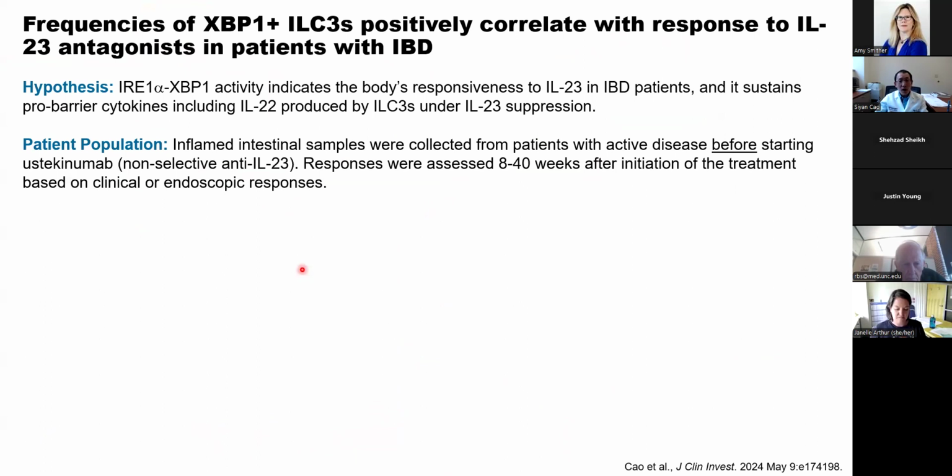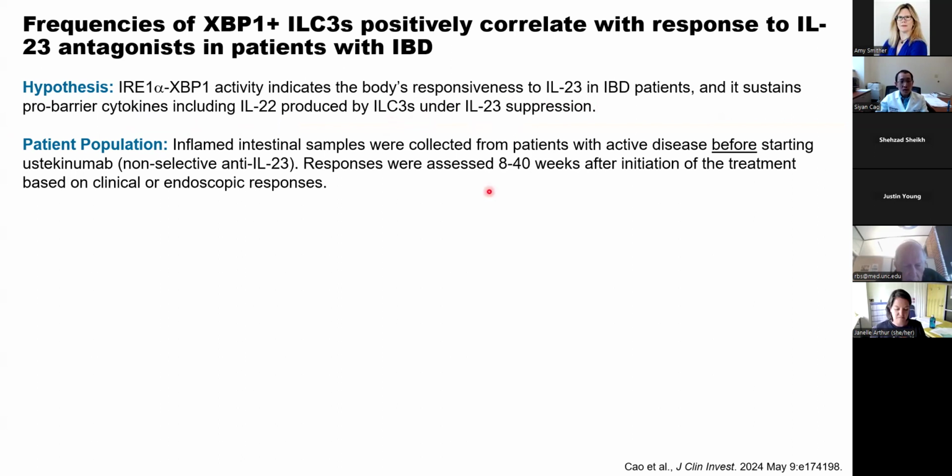And given what we found in the animal models, we asked how we can apply those findings in human patients. Based on the findings, we hypothesized that the IL-1 alpha XBP1 pathway may indicate responsiveness to IL-23 blockade in IBD patients, as it sustains barrier-protective cytokines such as IL-22 induced by ILC3s under IL-23 suppression.